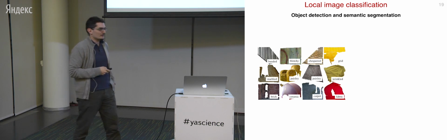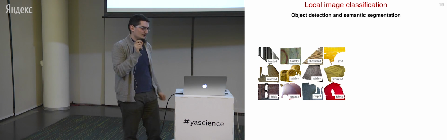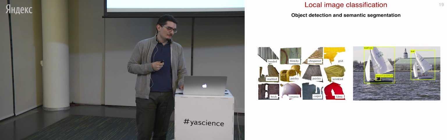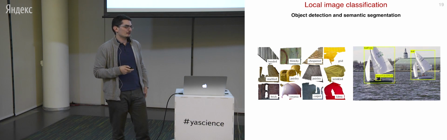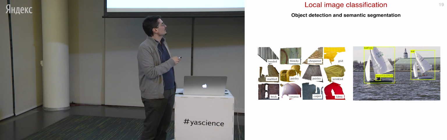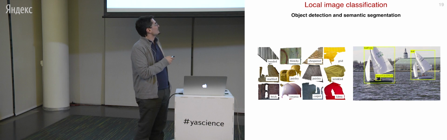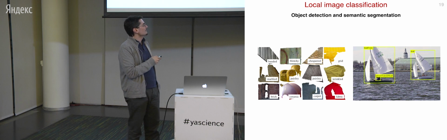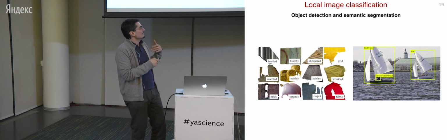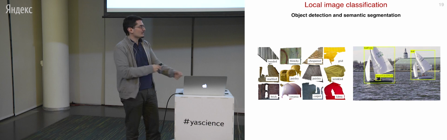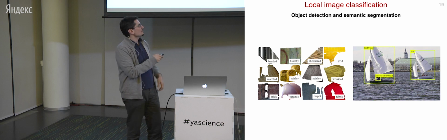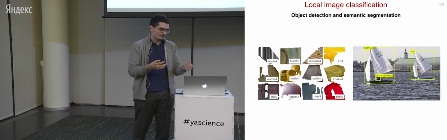And crucially, all these are not entire images, but just small image subsets. And the same you want to do when you want to detect objects. So if you want to say that here there is a sailing boat, it's not enough to say that it's somewhere there in the image, but you want to actually pinpoint its precise location in the image. So you need to tell something about a subset of the image, not about the image as a whole.